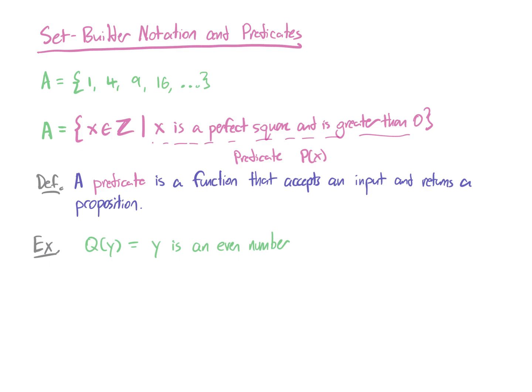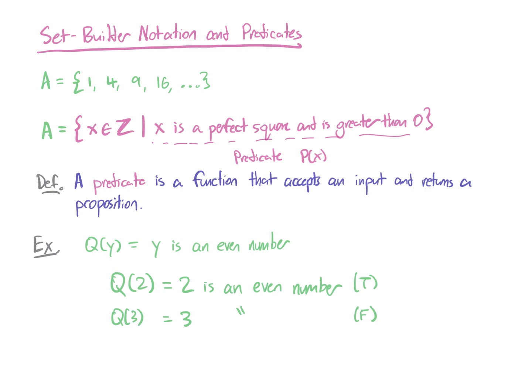So y is my input. If I put a number into my predicate, the result will be a logical proposition. So, for example, Q of 2 is the proposition that 2 is an even number, and that's a true proposition. Q of 3, on the other hand, is the proposition that 3 is an even number, and that's a false proposition.